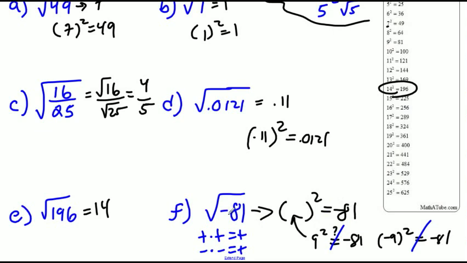So anytime that you see a negative sign inside of the radical, okay, this is called the radicand, but it's really not that important, you're just going to say it's a non-real answer. And we haven't talked about non-real answers, complex numbers. That's not going to be until later on. So the only thing you say is, this is not a real answer. There are no real answers for this.